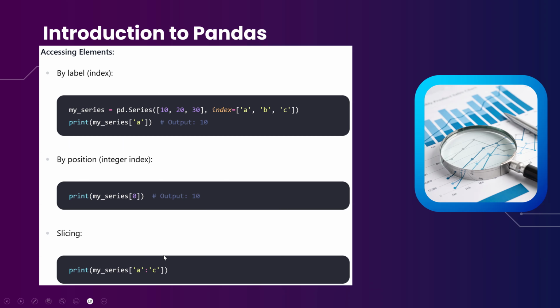So now, what will be the output for this slicing? Print my series A to C. What will be the output? Can someone tell me based on what you've done so far?